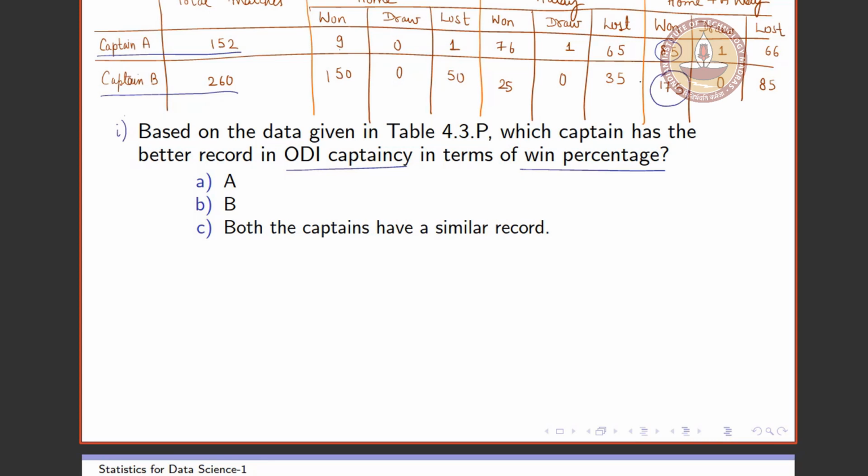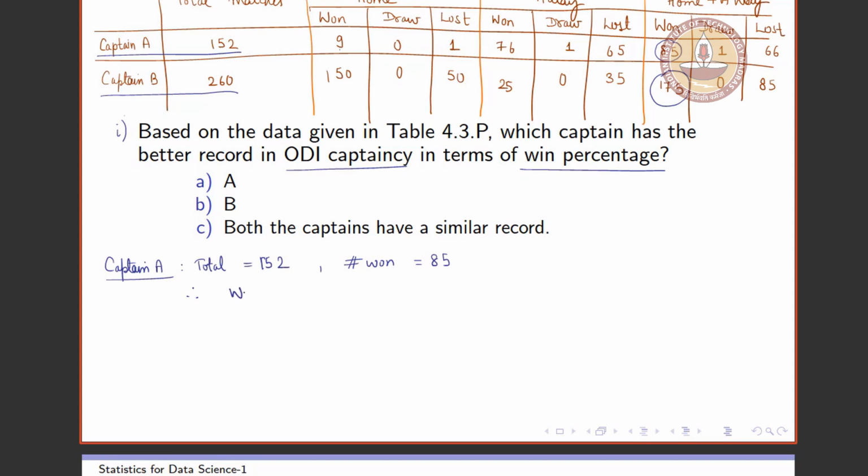So first we will see for Captain A. Total number of matches played by Captain A is 152 and number of matches won is 85.